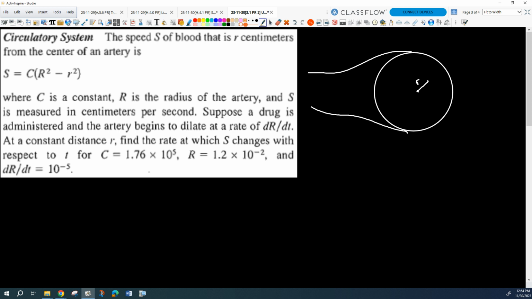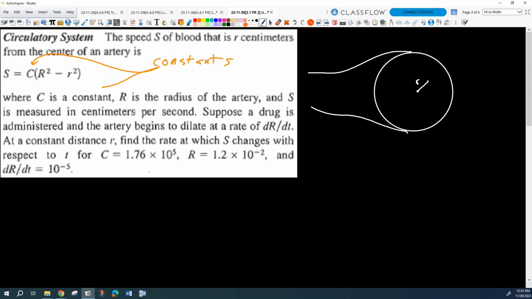So then what's the constant in this equation? Well, C is a constant. What else is a constant? What are we holding constant here? Little r, yeah.